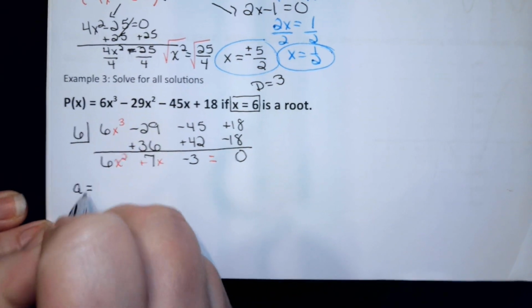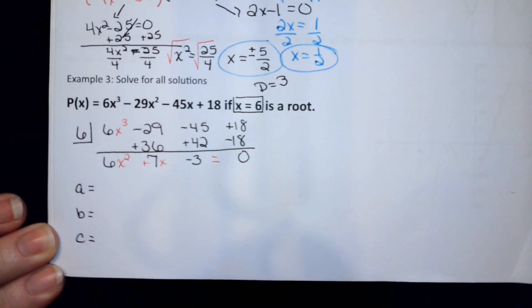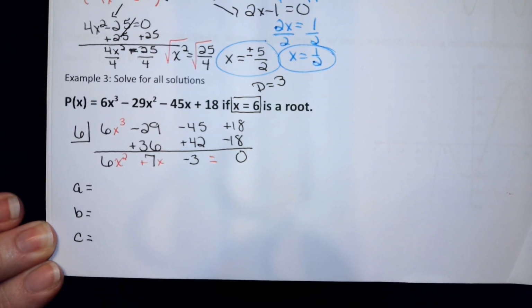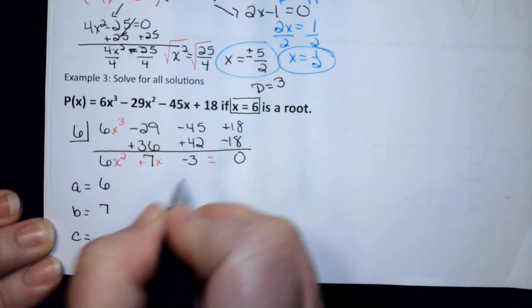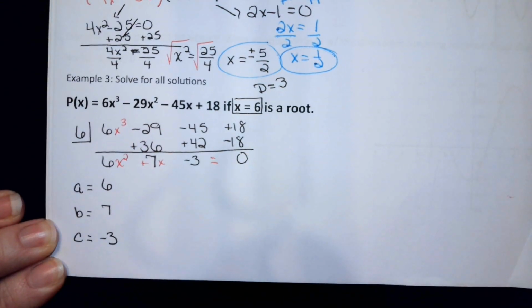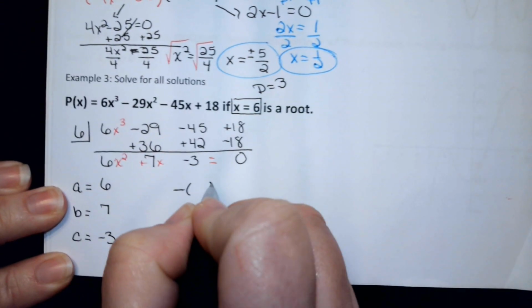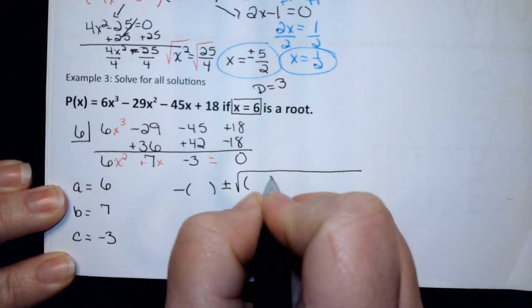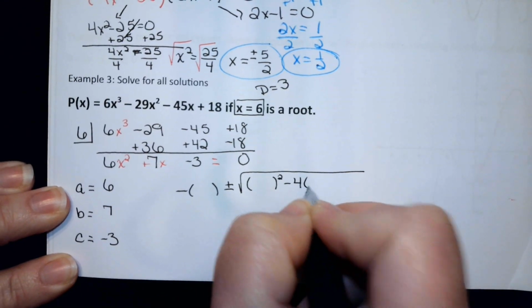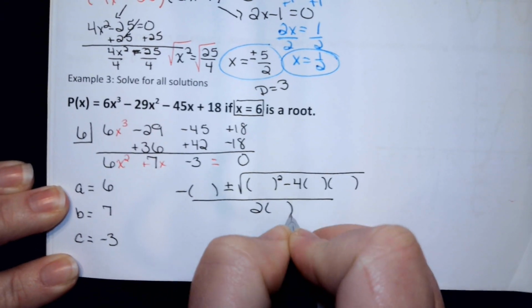So we're going to come right here, we're going to pick out our A, our B, and our C. Our A is 6, our B is 7, and our C is -3. Alright, so let's see, we got negative B plus or minus the square root of b squared minus 4ac all over 2a.